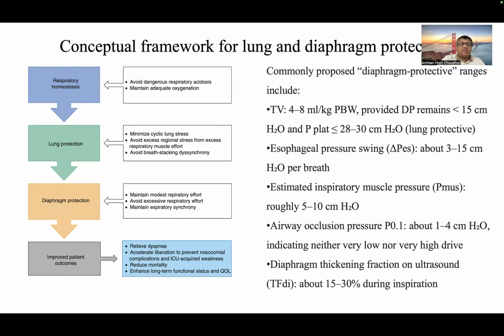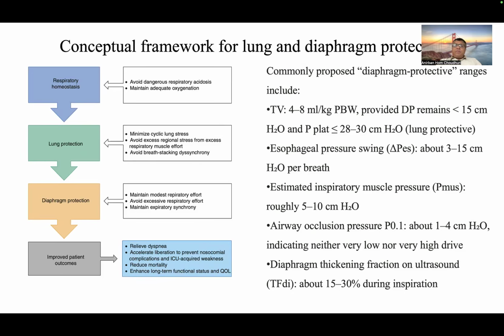Now, in this conceptual framework, in order to reach the final improved patient outcome, we have to go through these 3 processes of respiratory homeostasis, lung protection, and diaphragm protection.